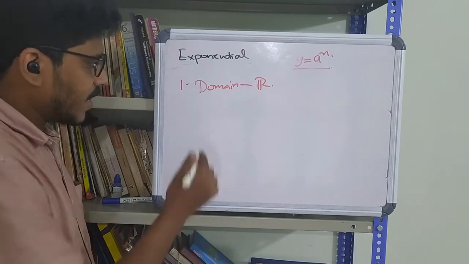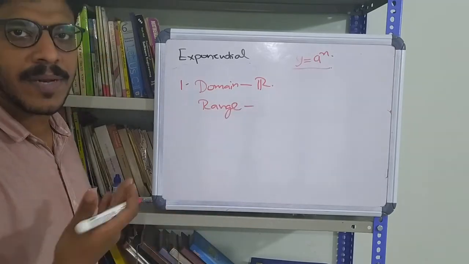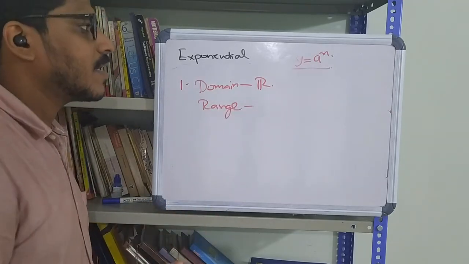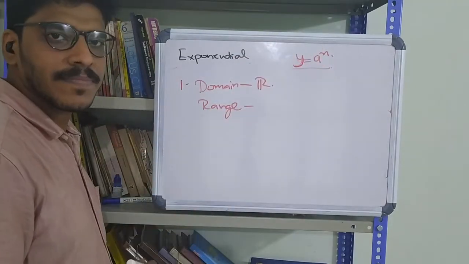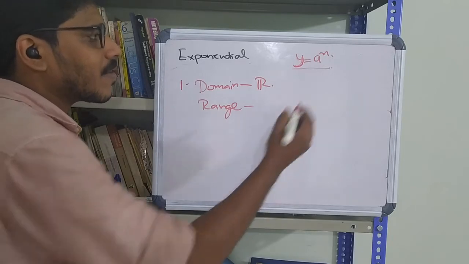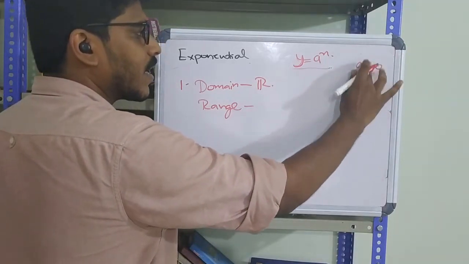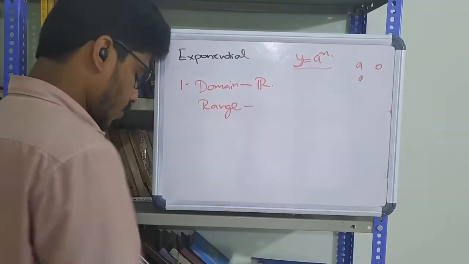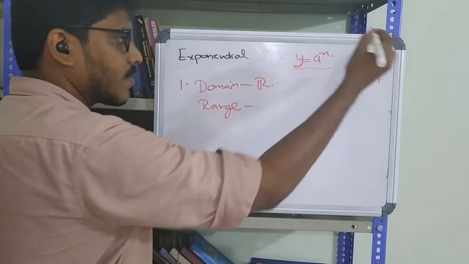And what about the range? What do we mean by the range of a function? We have seen that range is the set of all possible values taken by y. We have assumed that a is not equal to 0 and a is greater than or equal to 0, or simply a greater than 0 and a not equal to 1.